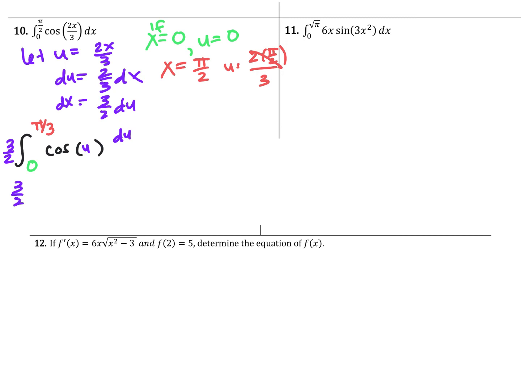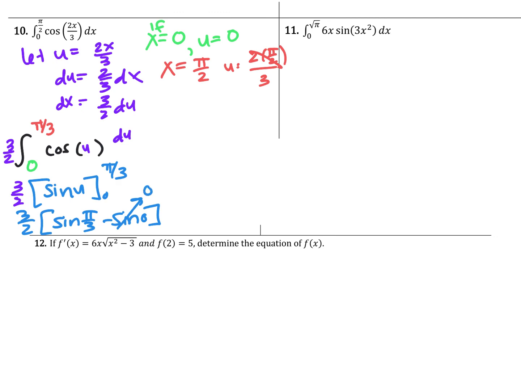So 3 over 2, if we integrate cosine of u, we get sine of u, evaluated from 0 to pi over 3. So 3 over 2 times sine of pi over 3 minus sine of 0. Sine of 0 is 0. Sine of pi over 3 is root 3 over 2. So this is going to be 3 over 2 times root 3 over 2, or 3 root 3 over 4.